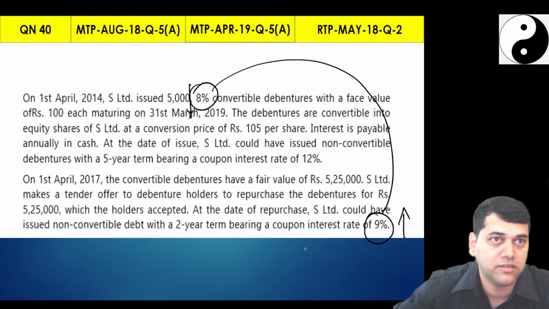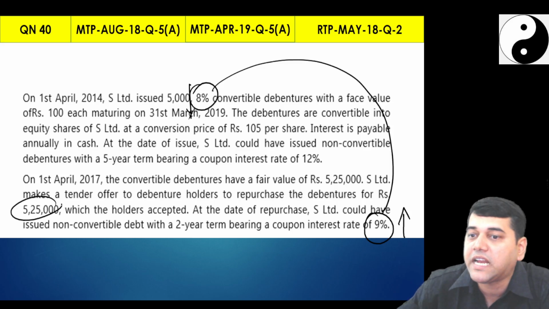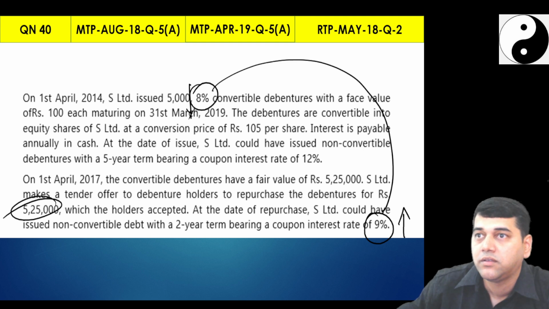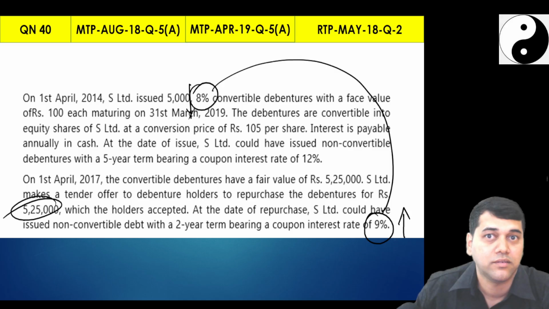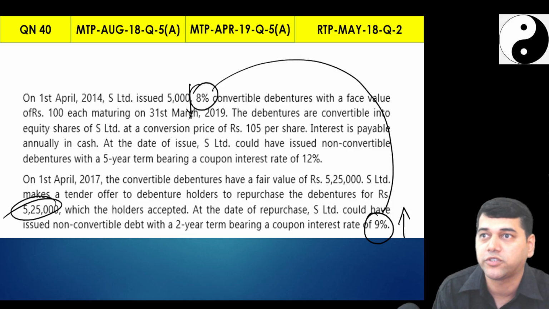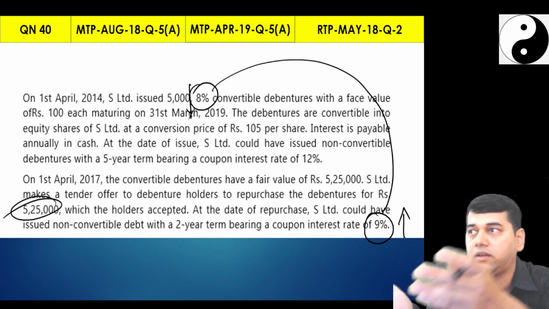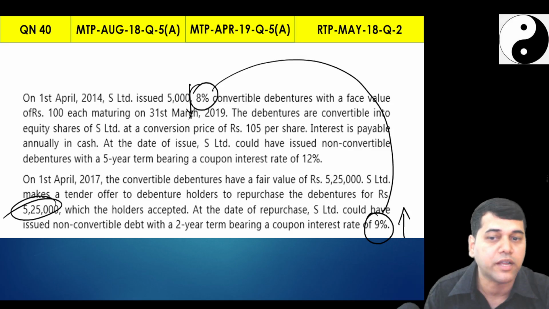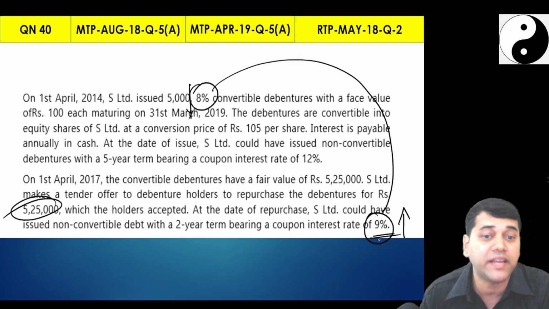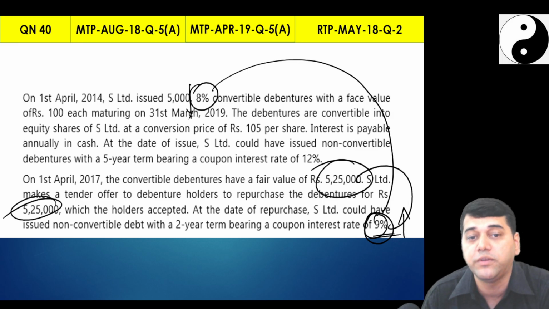Why on earth did you offer them 5,25,000? The CEO will fire the finance person. An accountant cannot ask all these questions because they are financial decisions. Our job is: they offer, the people accepted, and we have to account for it. But on this day, my fair rate is 9%, at which this should be valued.